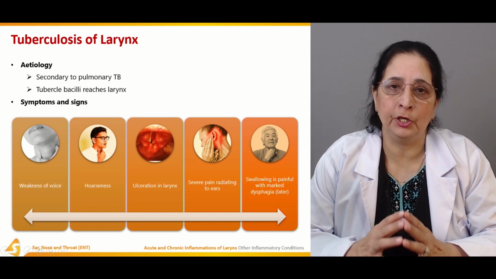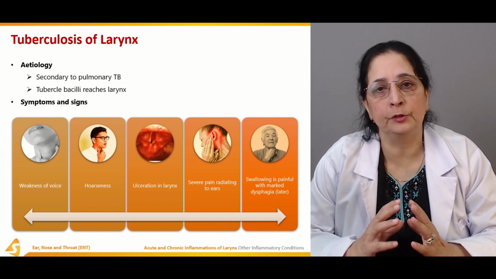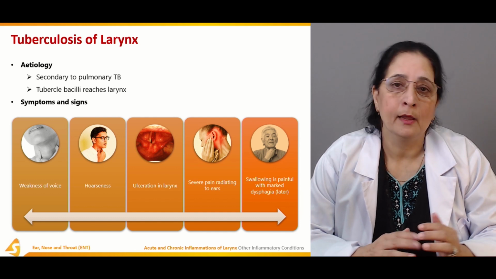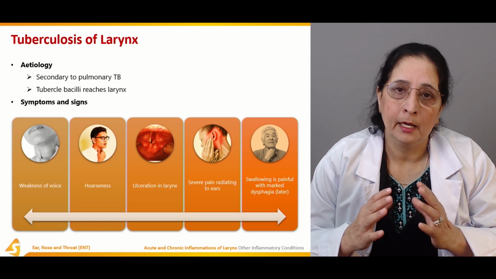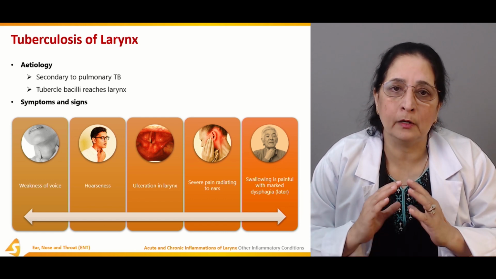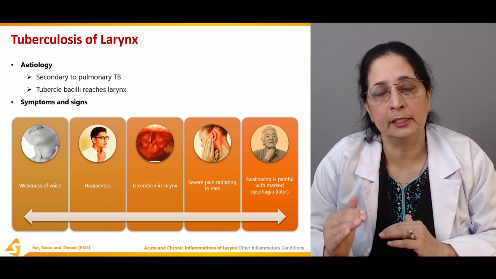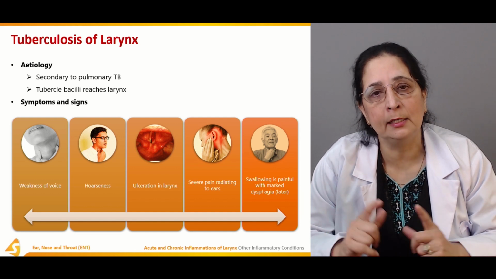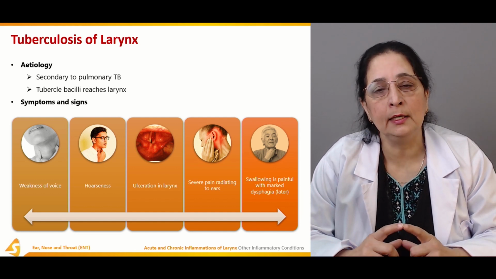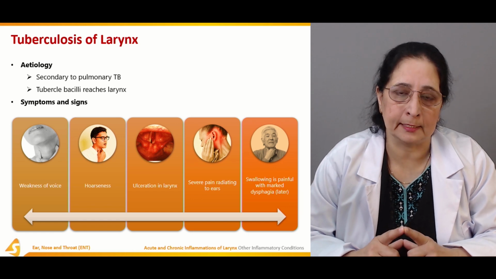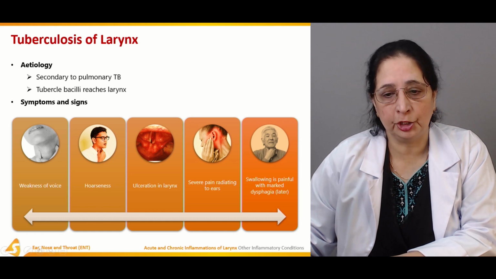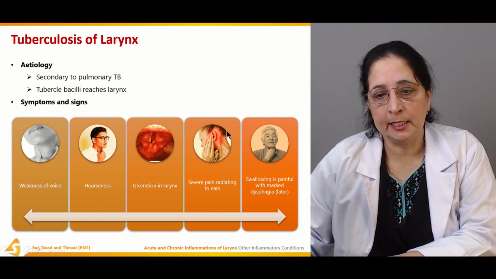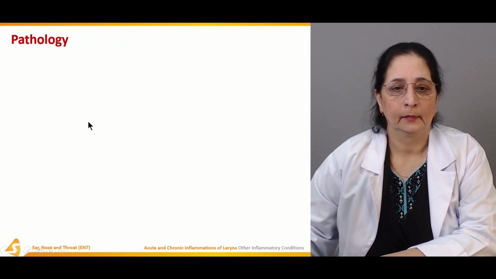So any patient who has a history of tuberculosis of the lungs, when they present with these symptoms and signs, the first thing that you should pay attention to is that it might be tuberculosis of the larynx. So weakness of the voice, hoarseness, ulceration, pain radiating to the ear, and dysphagia is present.